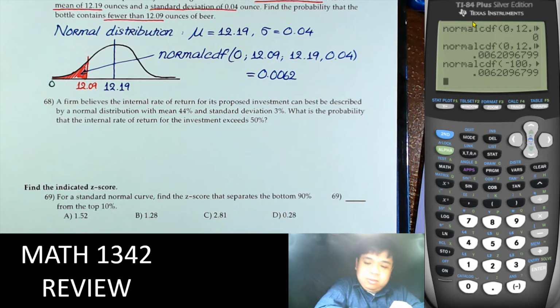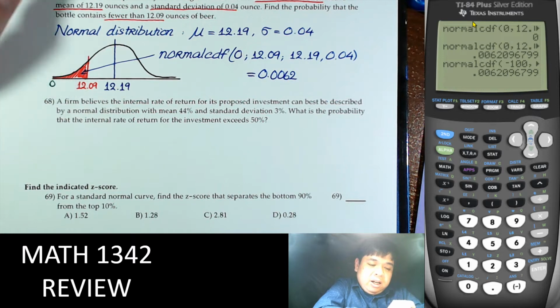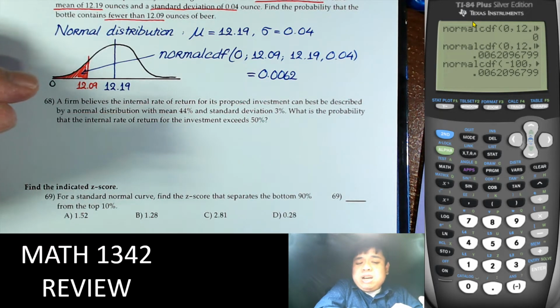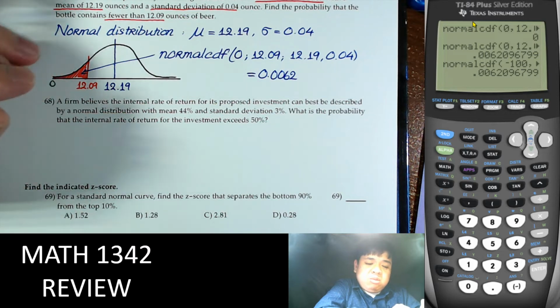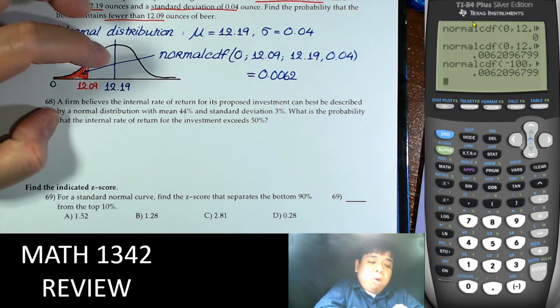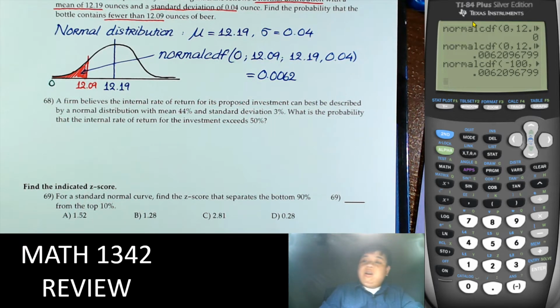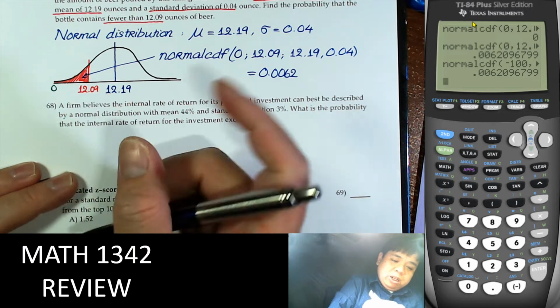Next, a firm believes the internal rate of return for its proposed investment can be described by a normal distribution with the mean and standard deviation. Even though it's given in percent, that is fine. What is the probability that the internal rate of return for the investment exceeds 50%? So pretty much like what we have been doing.